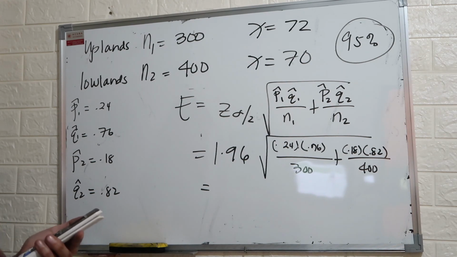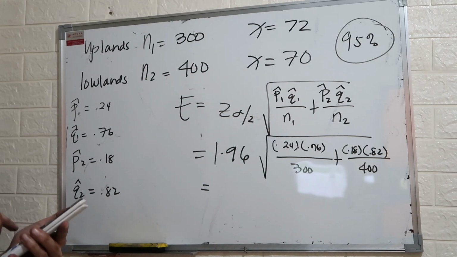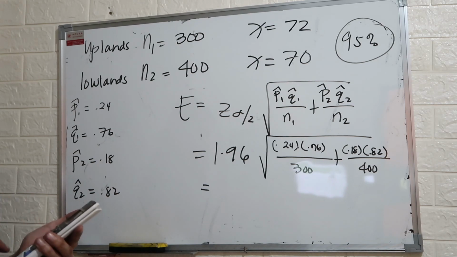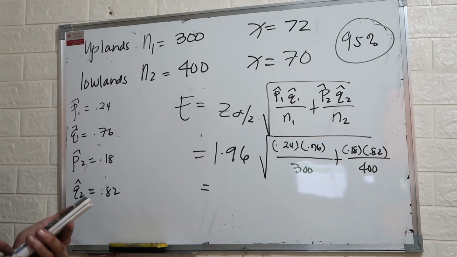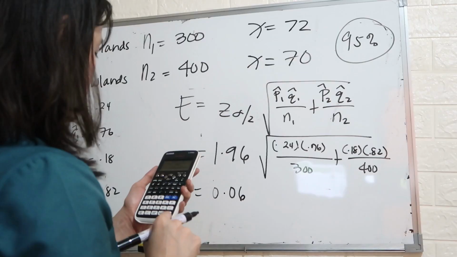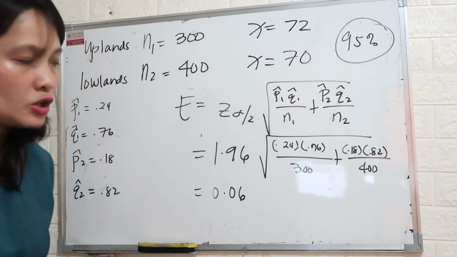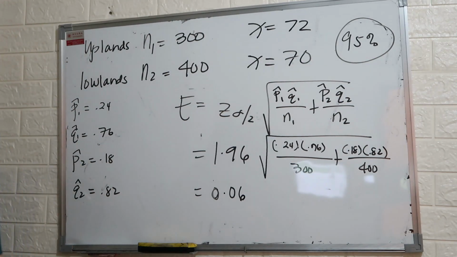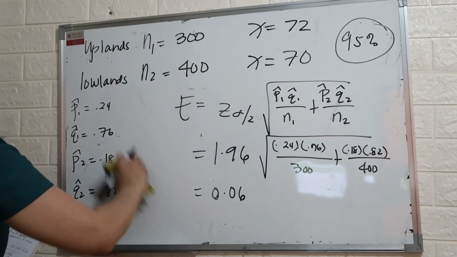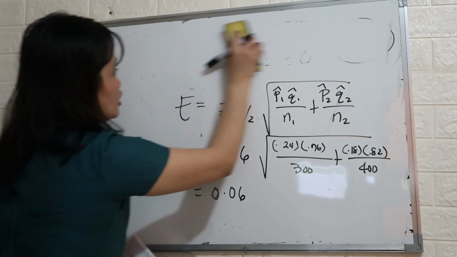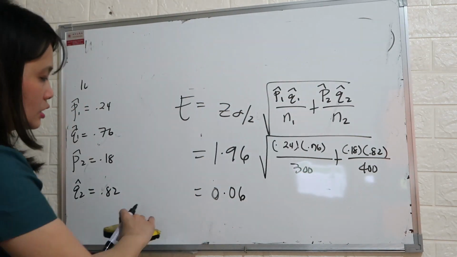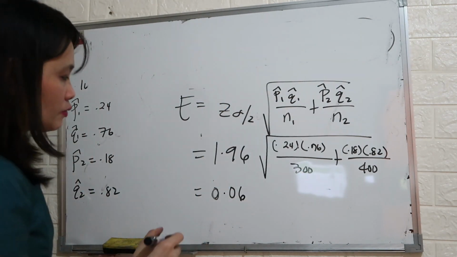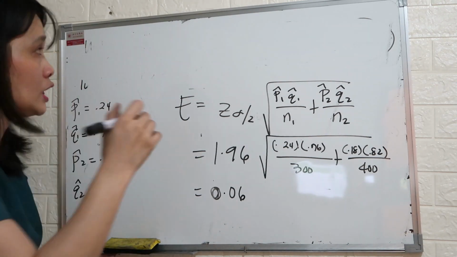That would be 0.06. So the margin of error is 0.06, and after we determine it, we can now solve for the interval.